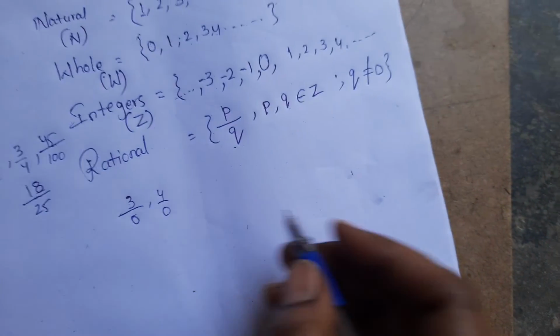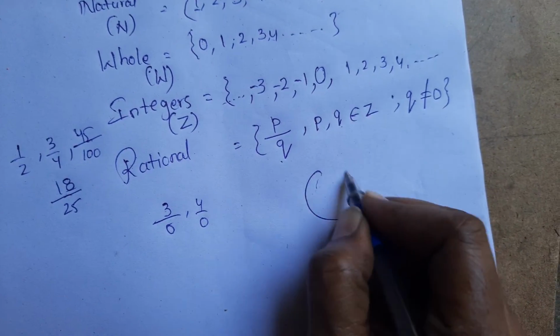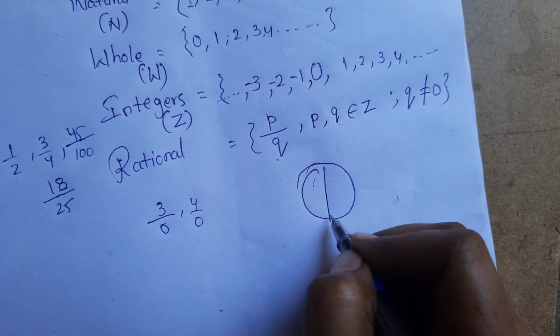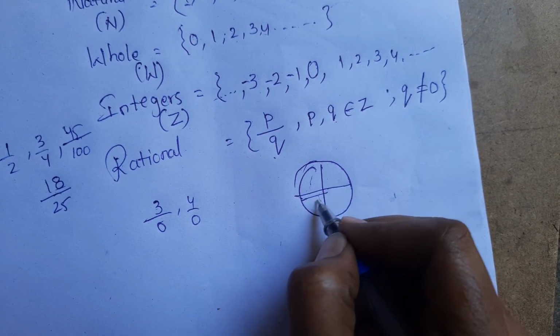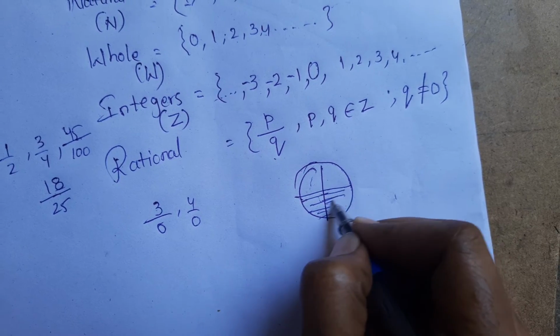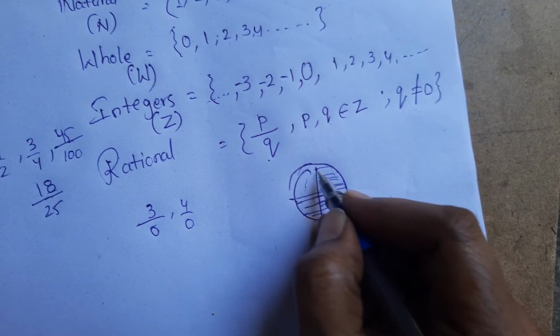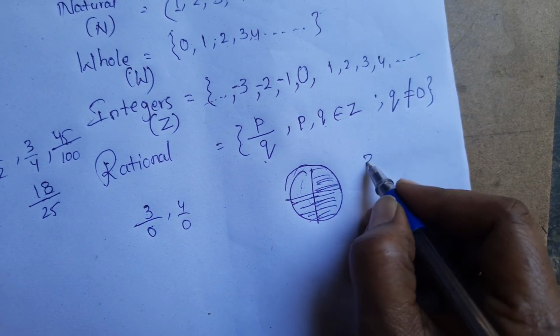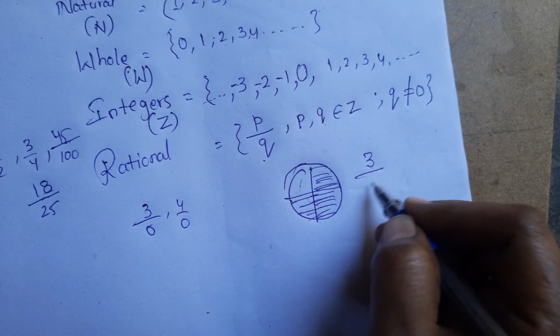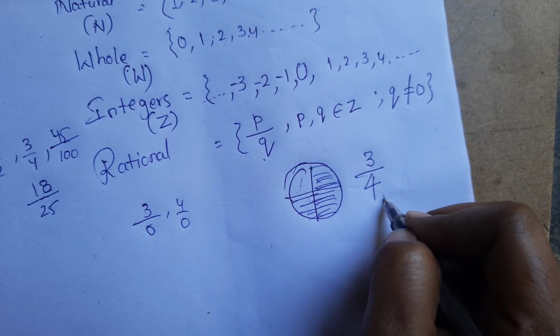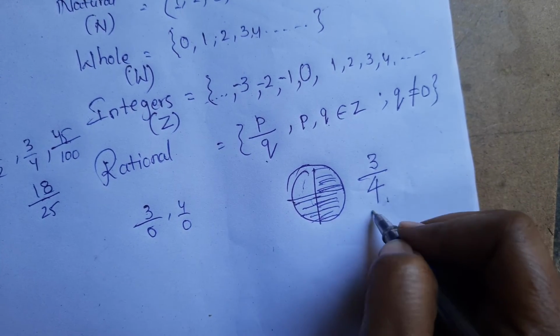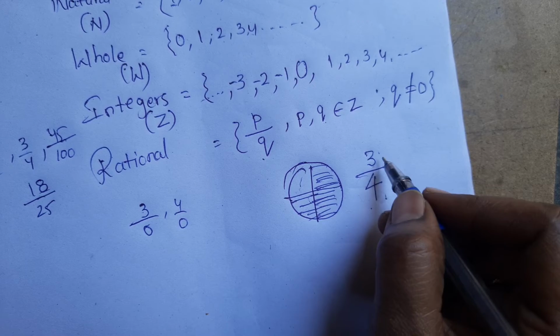Now see, what is a fraction? For example, I take 4 parts and select 3 parts out of them. The taken parts we always write in the numerator, and in the denominator the total number of parts. Total number of parts is 4.